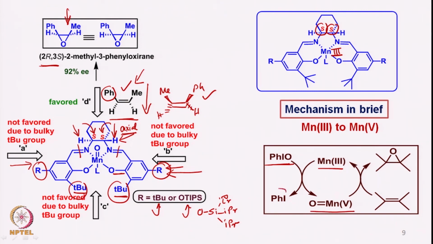In the process we release iodobenzene and the double bond gets epoxidized to the corresponding oxirane or epoxide, and of course we release the manganese 3 in the process, which is again reoxidized to the corresponding manganese oxo complex.